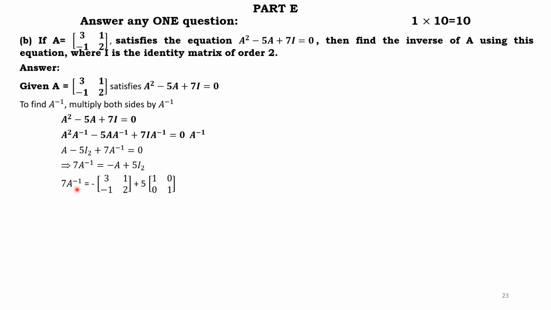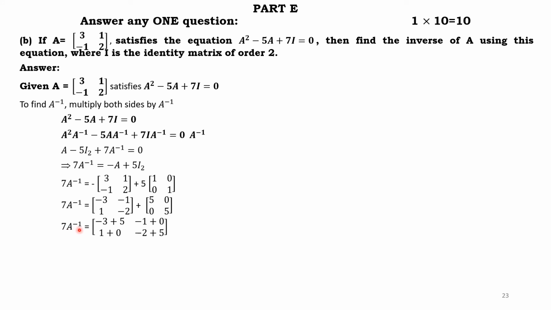Therefore, 7A to the power of minus 1 is equal to minus A, minus A is [-3, -1; 1, -2], plus 5 I2. I2 is [1, 0; 0, 1]. That is 7A to the power of minus 1 equals [-3, -1; 1, -2] plus [5, 0; 0, 5].